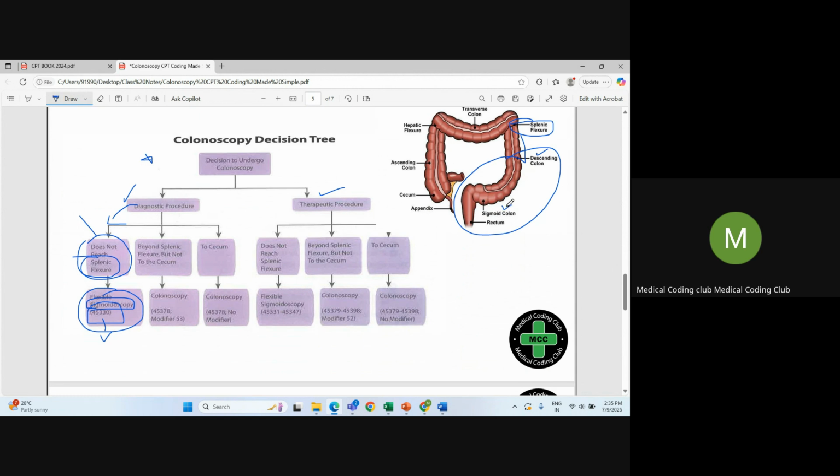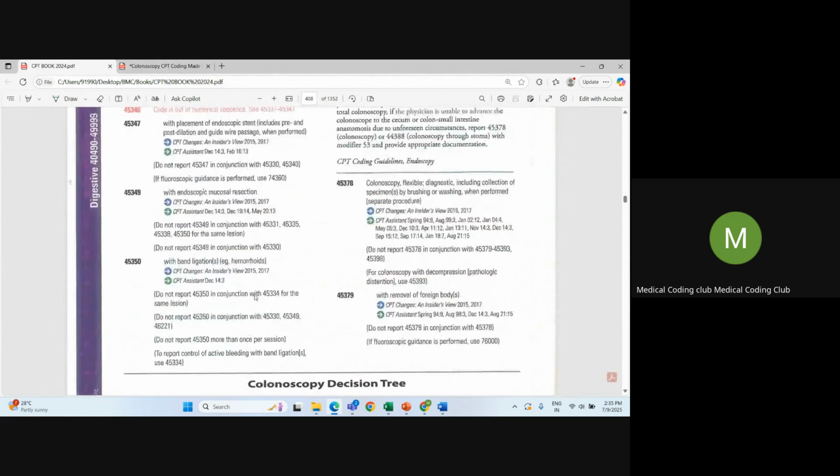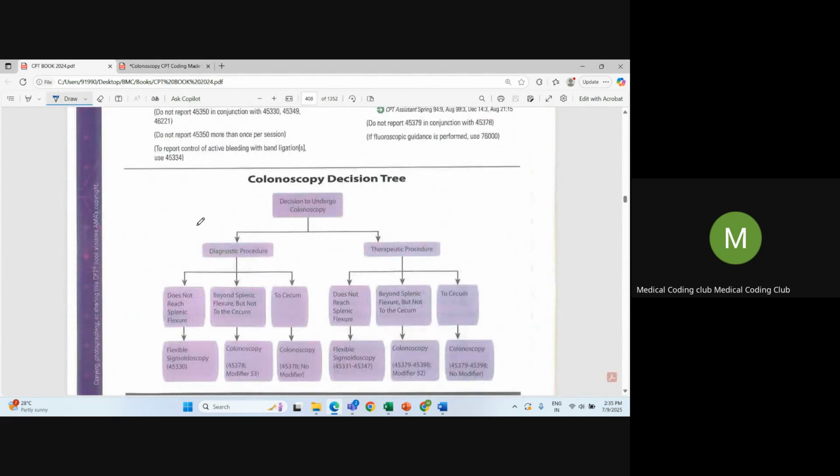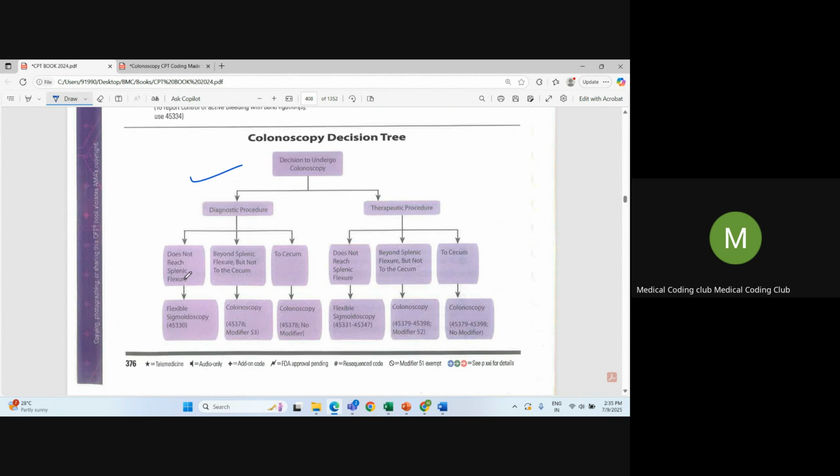In the book also you have a separate code set, 45330 for diagnostic, and further we have therapeutic codes as well. So I'll show you the codes. See, this is the colonoscopy decision tree. For example, if the scope does not reach the splenic flexure, you should understand it is all about the lower portion of the colon.